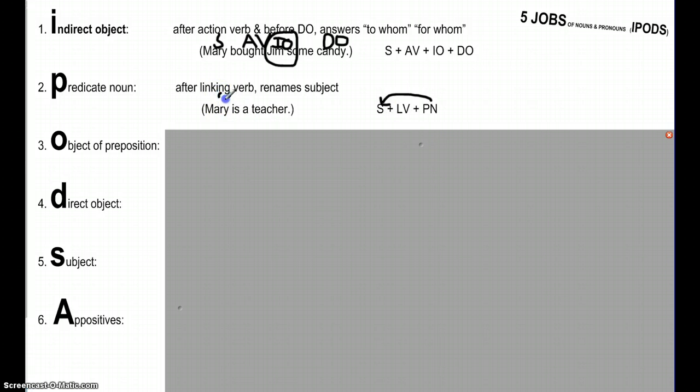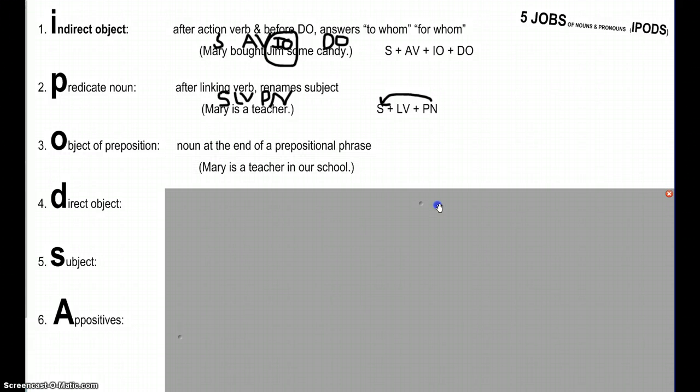So Mary is our subject, is our verb, and that is a linking verb. When we see a linking verb, we look for a noun or an adjective that renames Mary. Mary is a teacher, and that is a noun. We've talked about ways to check for nouns. We can put a, an, or the in front of it to check it, and that does work.